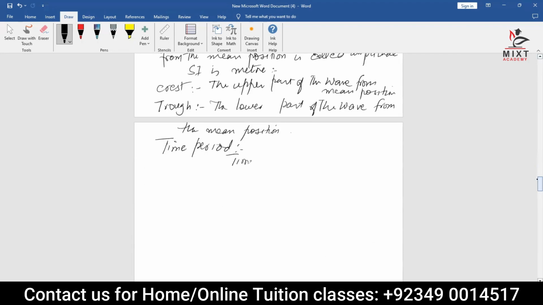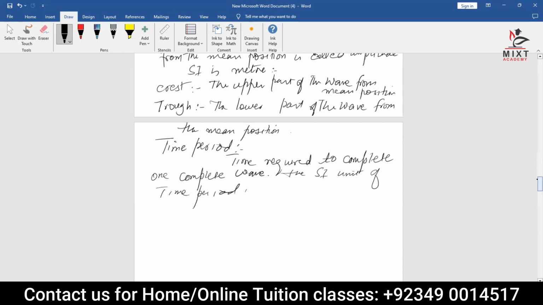So basically, time required to complete one complete wave. The SI unit of time period is seconds.